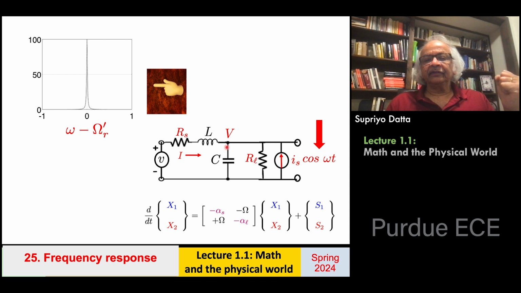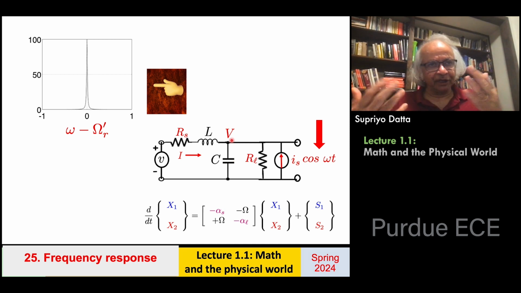Then the question is, what is the response of the system? What you'll find when you do this is that gradually the response will build up. If you are on resonance, in the sense that your driving frequency is the same as the natural frequency of the circuit, it is kind of like pushing a swing. If you want it to build up, then you push at just the right times.